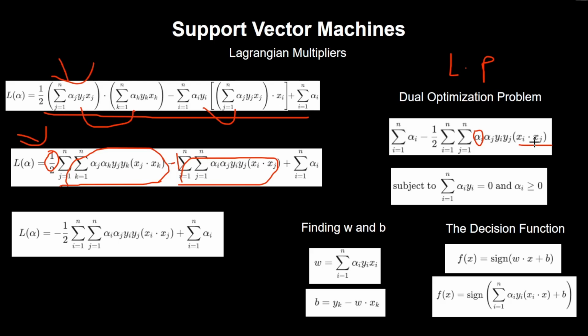So we actually don't even need to find what the inputs are. We just need to find the dot product between them, which moves us to another topic called the Kernel Trick, which we will see later, and which makes our life easy. We can see the importance of it later.